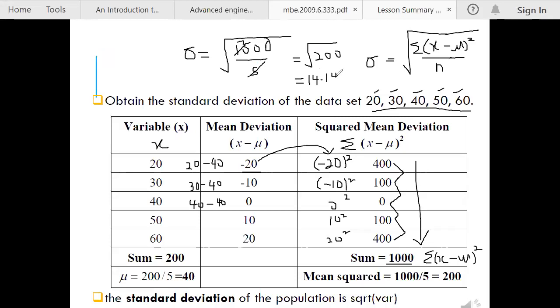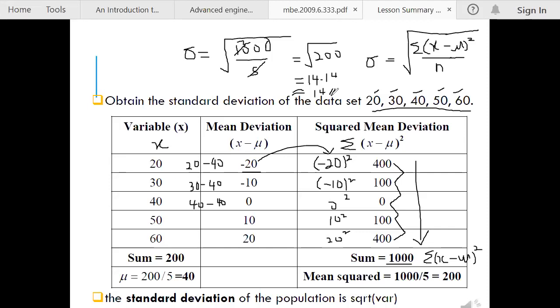14.14. So approximately this gives us 14 for our standard deviation. That is how we get the standard deviation for our data.